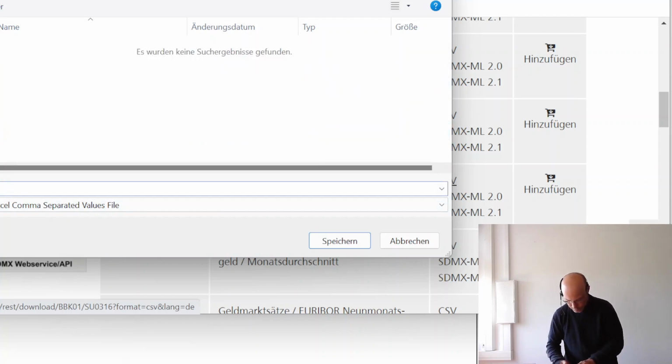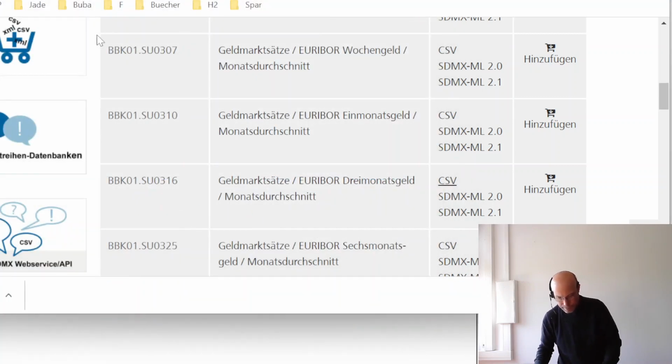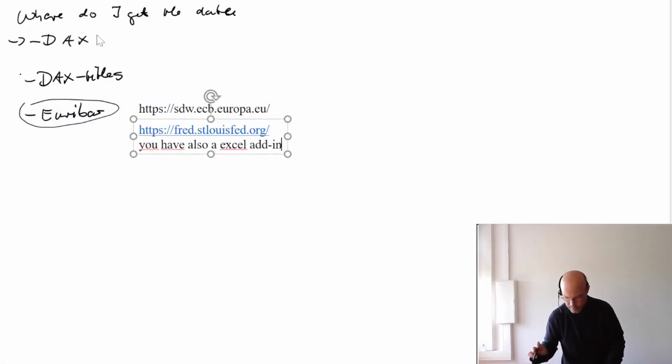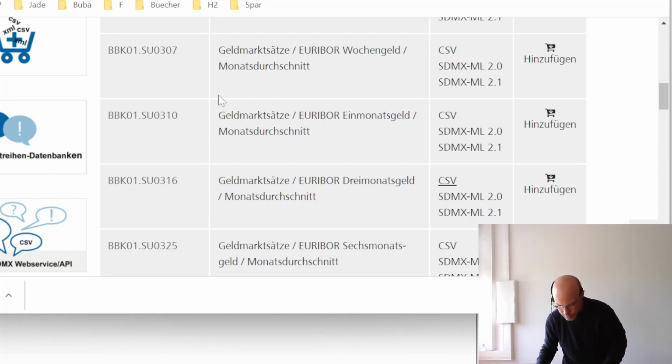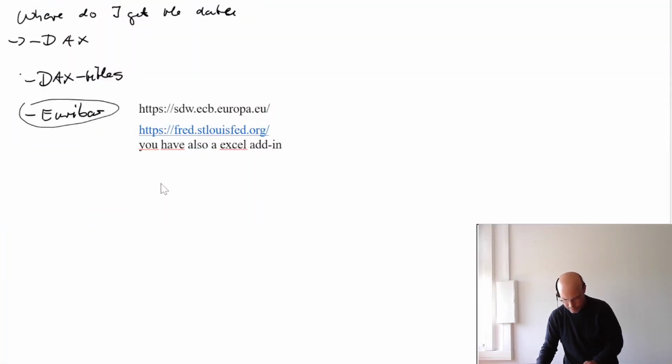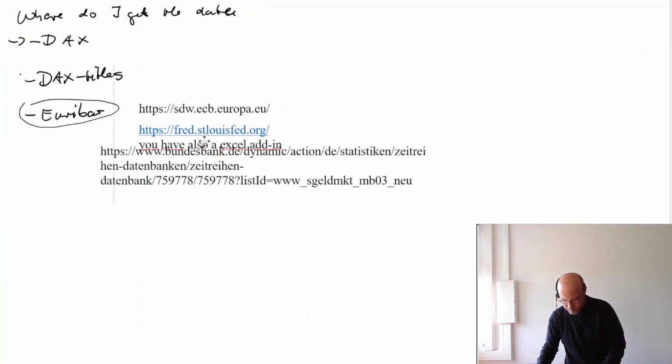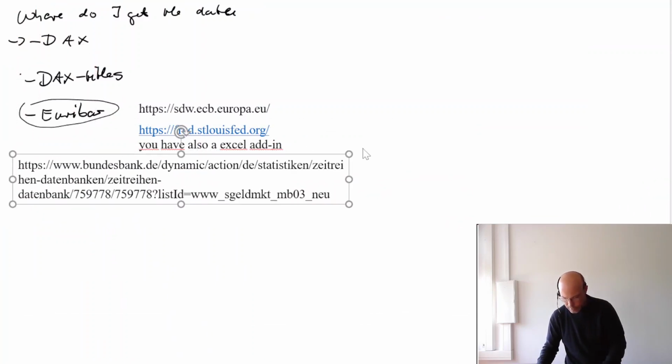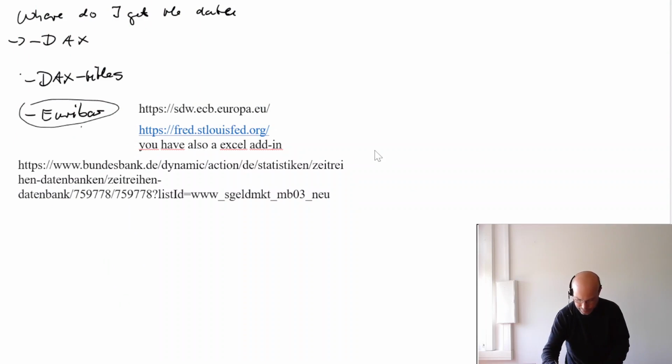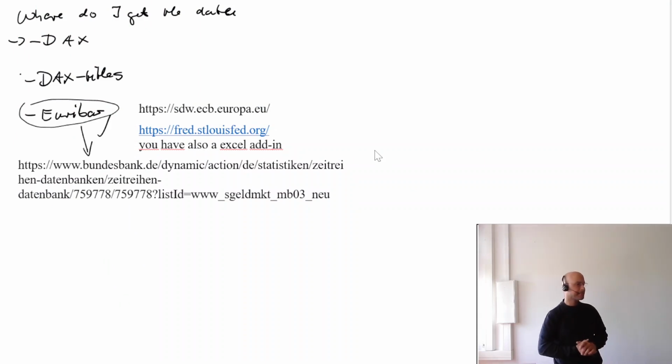And this is the Euribor. Oh, that was a Bundesbank. And I just copy this link here. And then I took the data here. So, now we have this data.